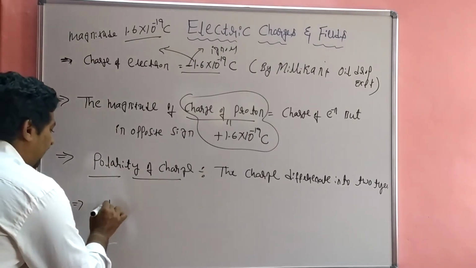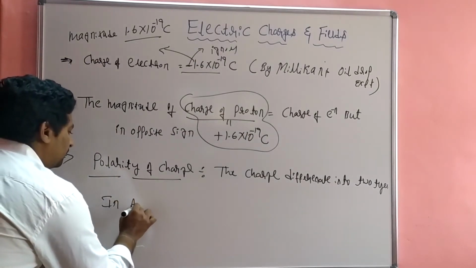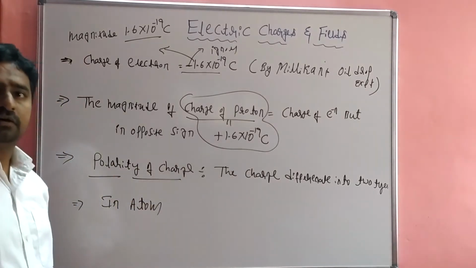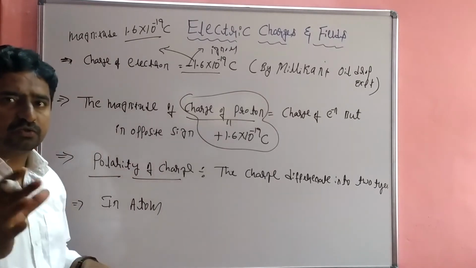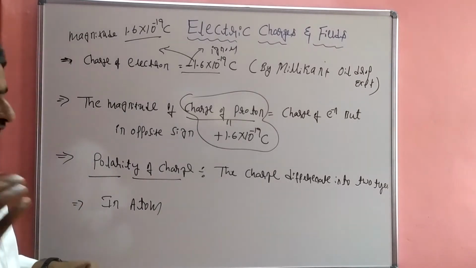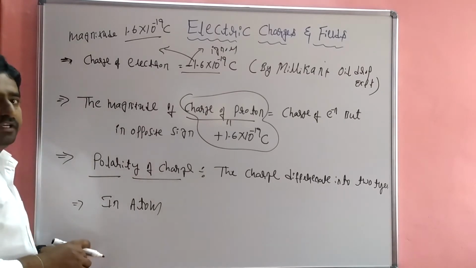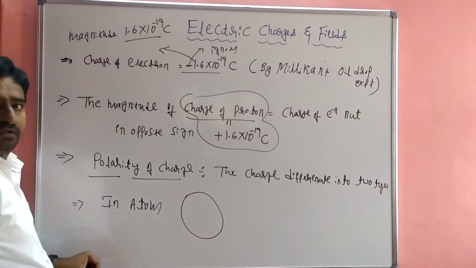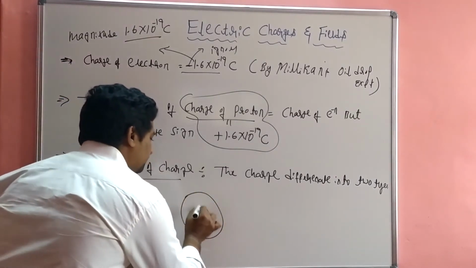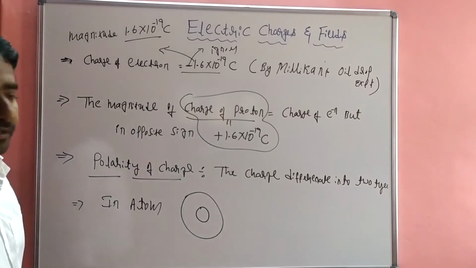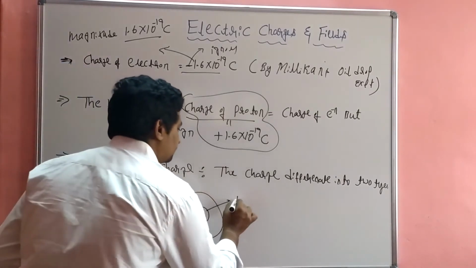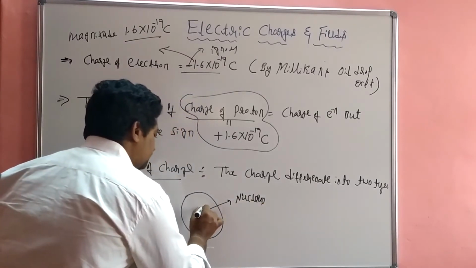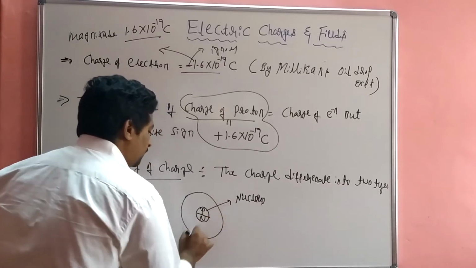So let's see in the atom. You know very well about the atom from the lower section, and also studied the chemistry structure of the atom in the first year. The atom mainly consists of a center core called the nucleus. The nucleus mainly consists of protons and neutrons.